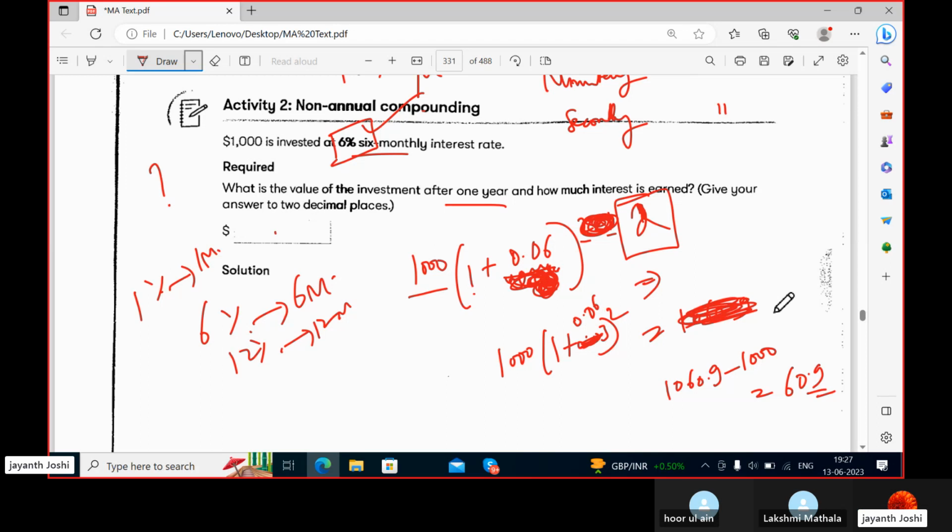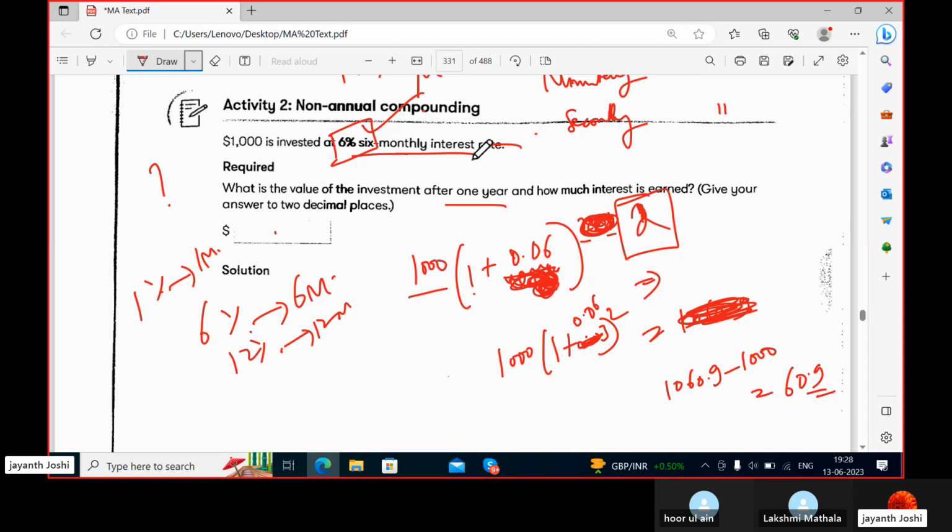You should be very cautious while doing the questions. In fact, I even did not check this, see this point clearly. 1 plus 0.06, 1.06 into 1.06.